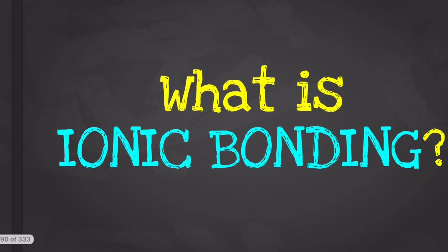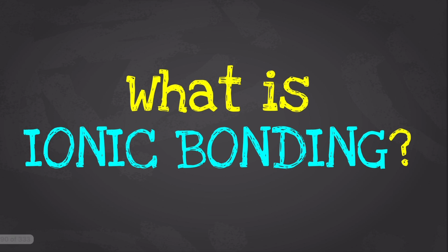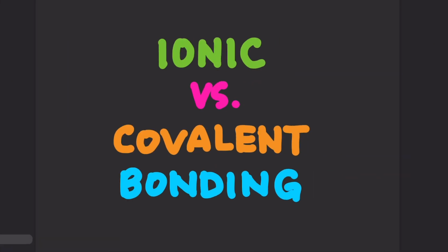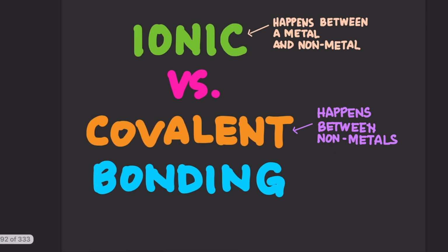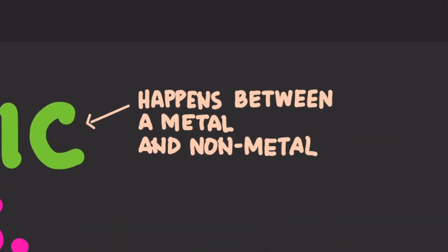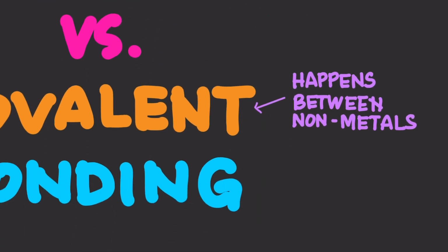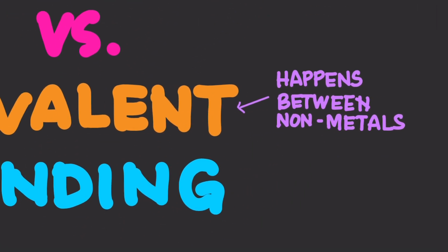Okay? So what exactly is ionic bonding? Okay, so let's look at the difference between ionic and covalent bonding. Ionic bonding happens between a metal and a non-metal, like sodium, metal, chlorine, non-metal. While covalent bonding happens between nonmetals like hydrogen and chlorine.